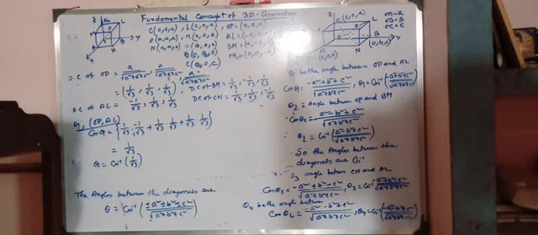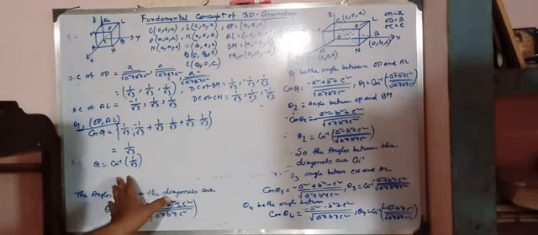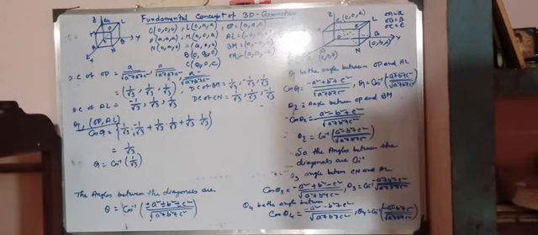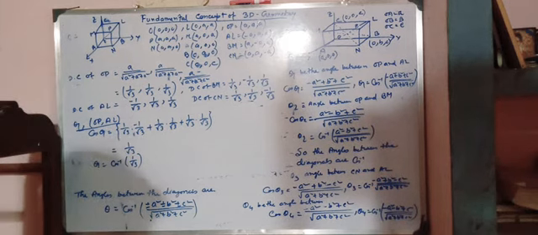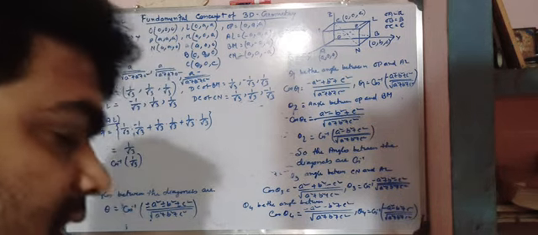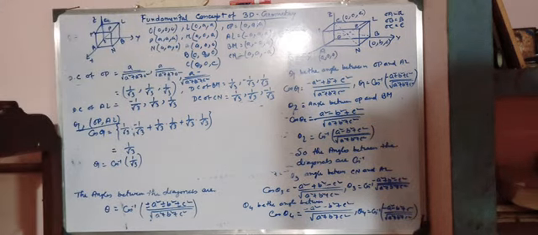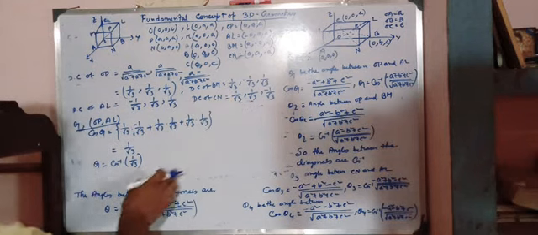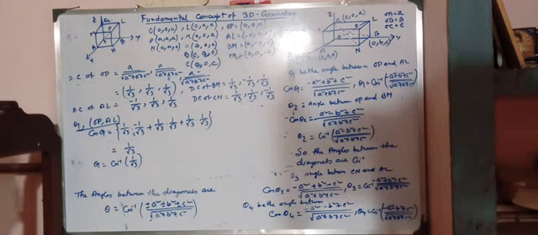So we can say that the diagonals of a cube whose side is A make the angle cos inverse 1 by root 3. Similarly, the angle between each of the other pairs is cos inverse 1 by root 3. If you do the calculation on your own, you will get cos inverse 1 by root 3, obviously.